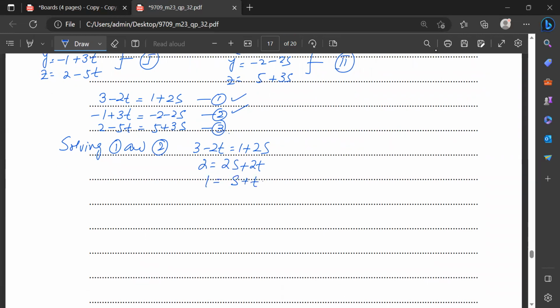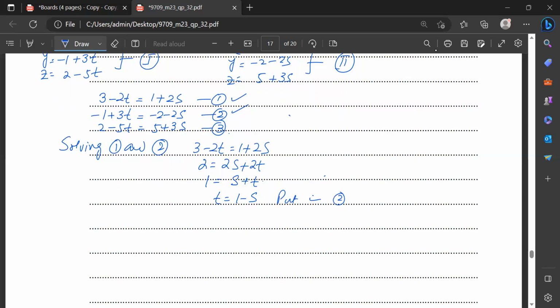You can make t the subject, so t is equal to 1 minus s. So from equation number 1, I'm solving 1 and 2, t in terms of s. So you put this value in number 2.